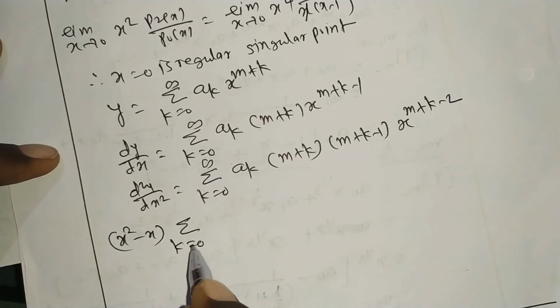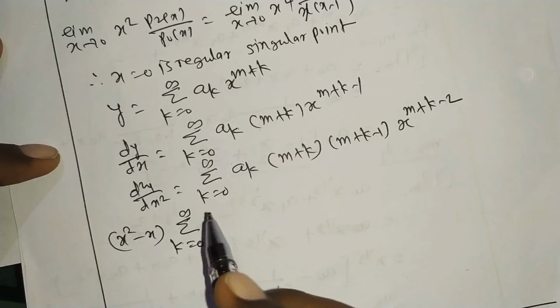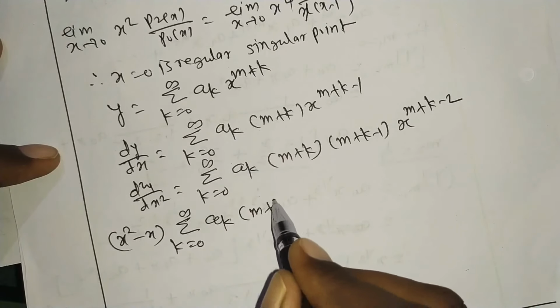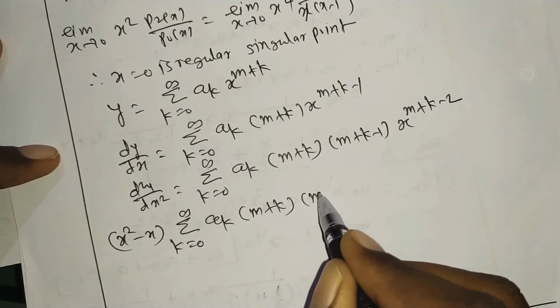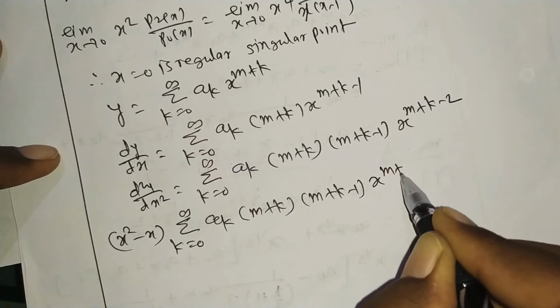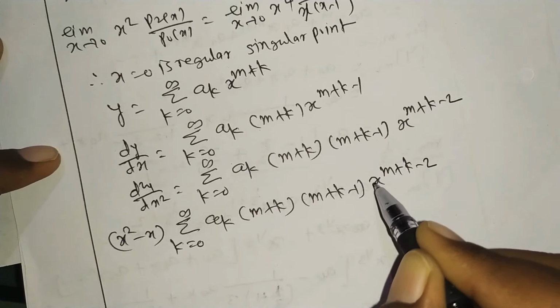The value of d2y/dx² is summation of k from 0 to infinity a_k (m plus k)(m plus k minus 1) x to the power m plus k minus 2.